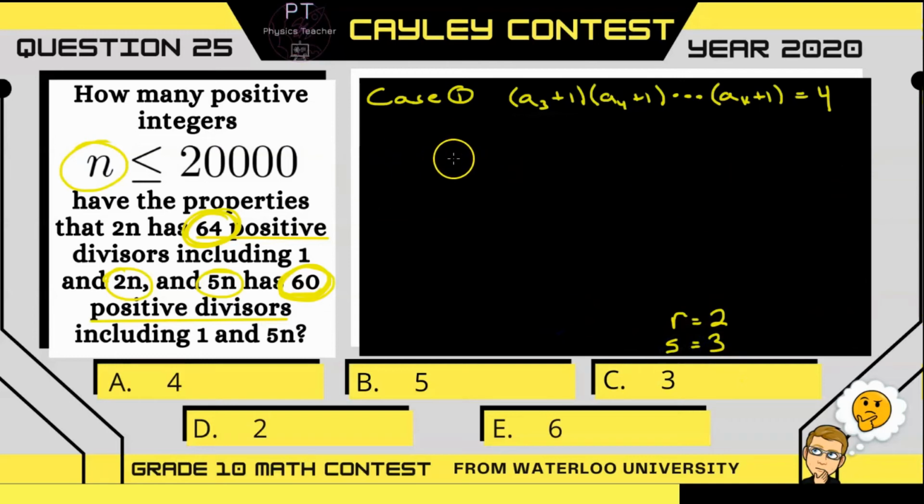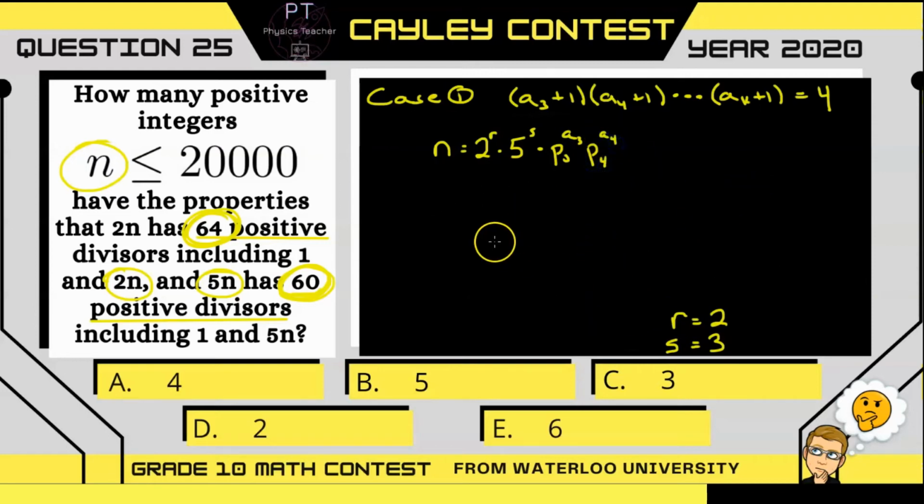Alright, so let's go back and look at our previous equation. I'll just rewrite it here, but we had n written as a prime factorization of 2 to the power of r times 5 to the power of s, and then we had some other values, p3 to the a3, and so on, p4 to the a4, all the way up to k.